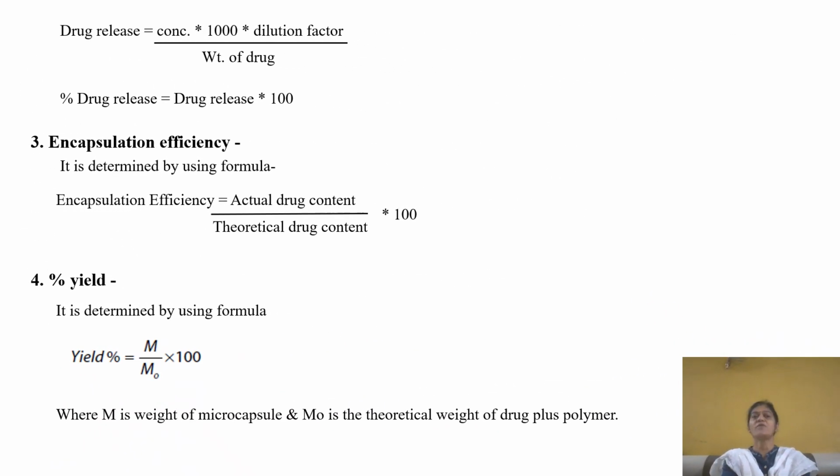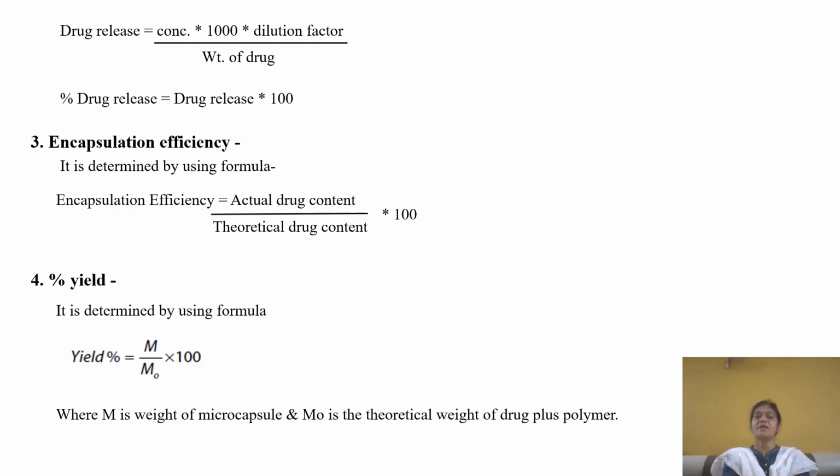For the formula, drug release is concentration into 1000 dilution factor divided by the weight of the particular drug. Encapsulation efficiency is determined by the actual drug content and the theoretical drug content into 100.